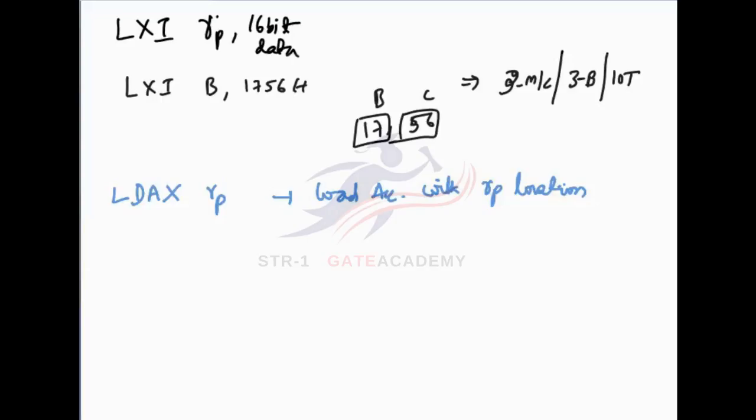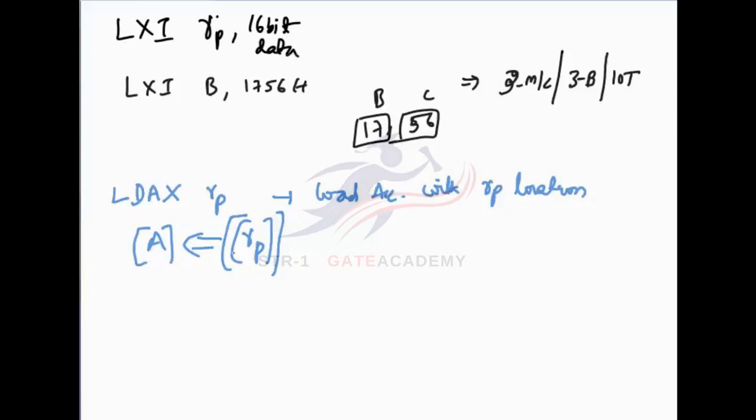The register pair has some data that acts as an address location, and the data at that address location is stored into the accumulator. So this is the operation.